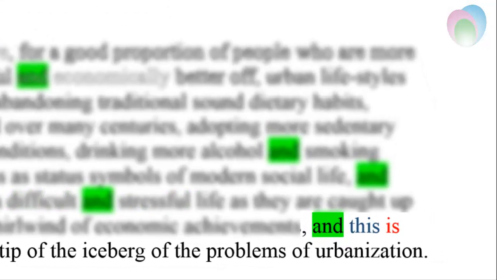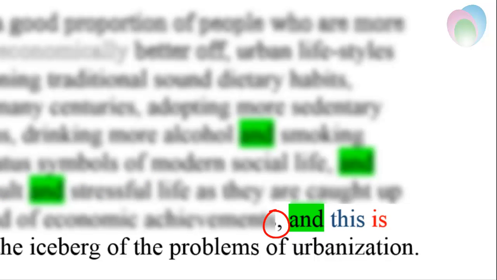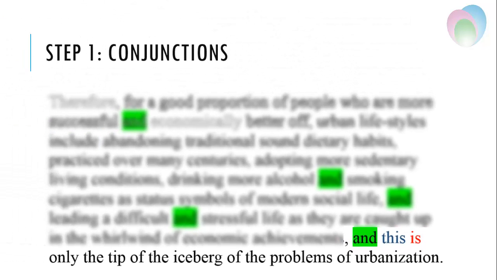The final conjunction in this sentence again has a comma before it. But this time, when we look at the structure after the conjunction, we see a subject and a verb. This means that this structure is a complete and independent sentence. So we have an example of a coordinating conjunction that is connecting a complete sentence to the previous sentence.